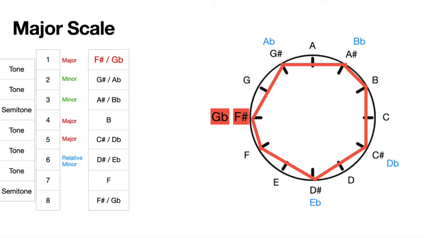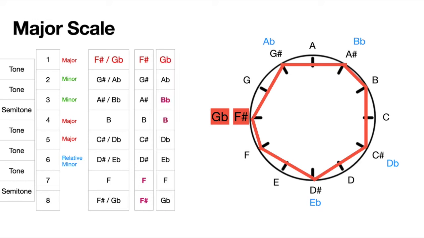Now, we're going to make it sharps or flats. Let's try sharps. And notice that we've got a problem. We've got two Fs and no E. So if we try all flats, we've also got a problem. We've got two Bs and no C.